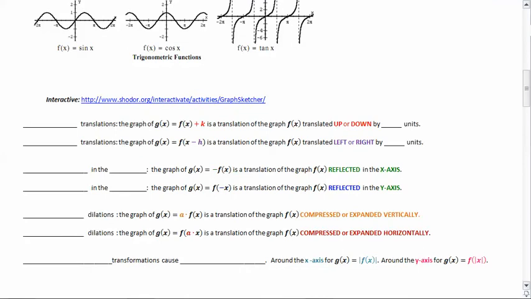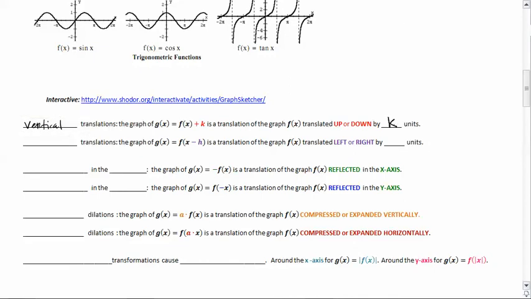All right, let's continue. So we can have different sorts of transformations. One sort of thing that we can have is a vertical translation. A vertical translation means the graph of g of x is equal to f of x plus k. So that's a translation of f of x translated up or down by k units.